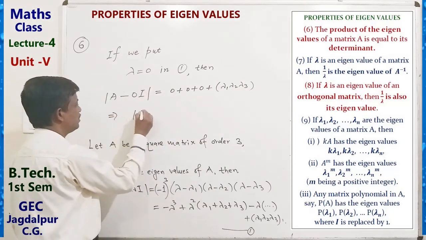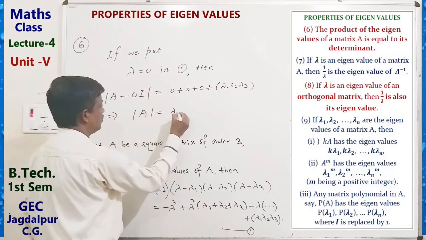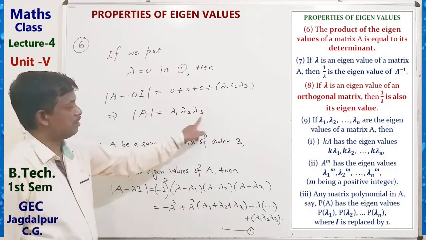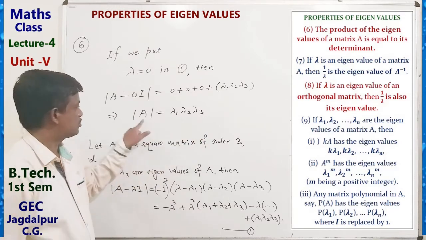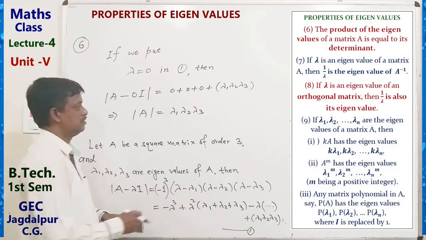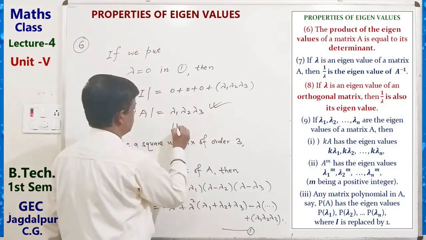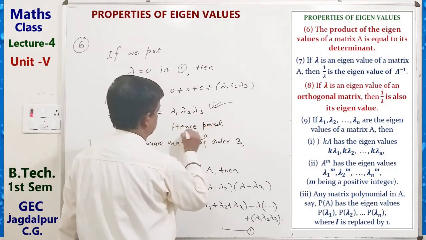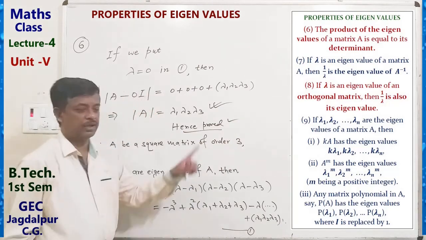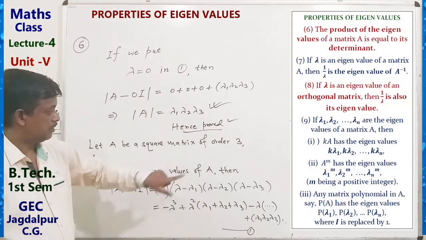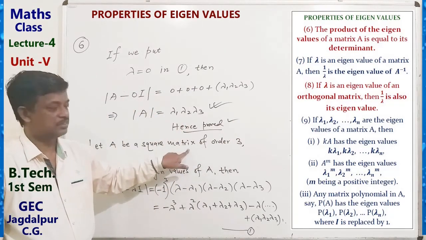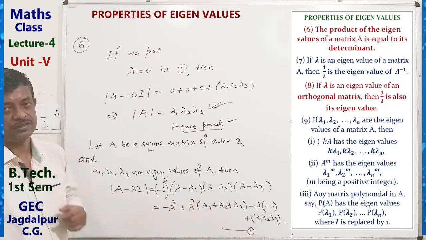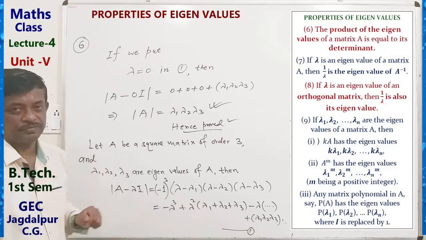This implies determinant A is equal to lambda 1, lambda 2, lambda 3. So the product of eigenvalues is equal to the determinant of the matrix. Okay, this is the result. Hence proved. Property: the product of eigenvalues of a matrix is equal to the determinant of the matrix. So this is the 6th property.